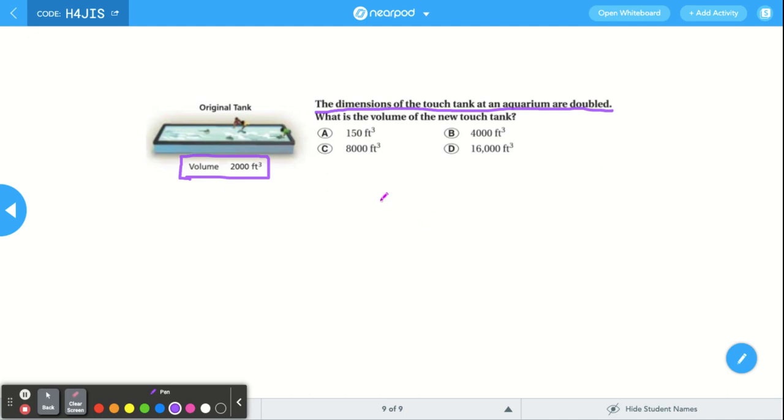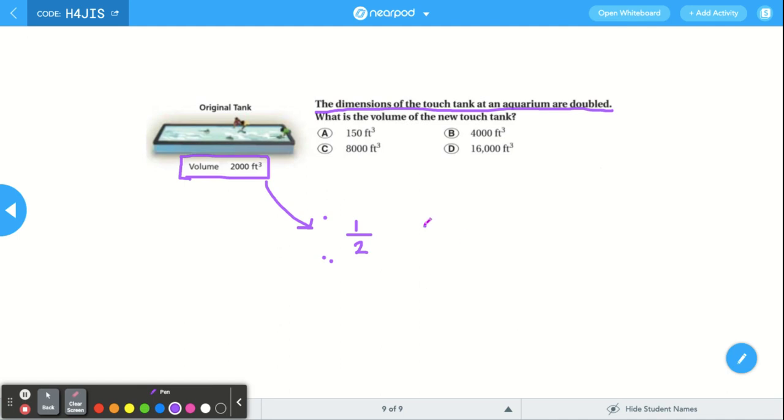So the ratio from the original to the new would be 1 to 2. Every one length from the original, which would be on top, is going to be doubled for the new. So that's the ratio of the corresponding side lengths.